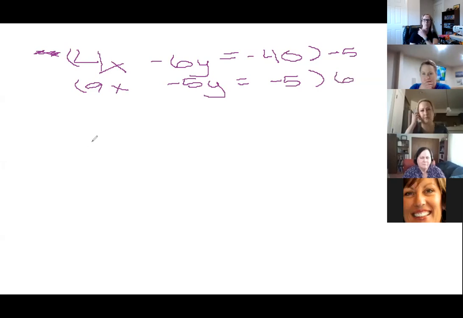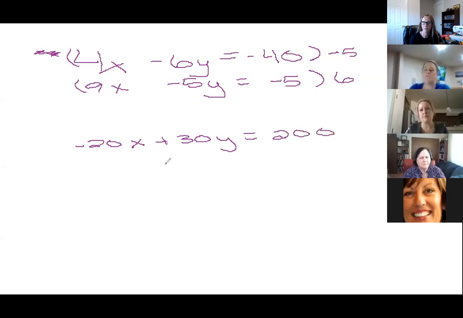And so on top, as we multiply that negative 5 through everything, negative 20x plus 30y will be equal to, that'll be positive 200.